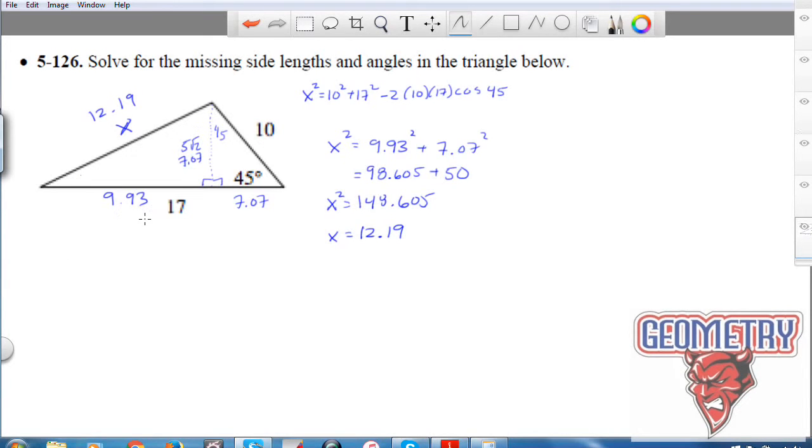So we get to pick, since we have all three sides. You can use sine, you can use cosine, you can use tangent, it really doesn't matter. I'm going to use sine, so let's say the sine of theta, and I'll label this as theta there. So the sine is the opposite divided by the hypotenuse. So 7.07 divided by 12.19.